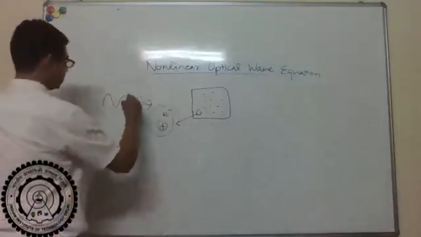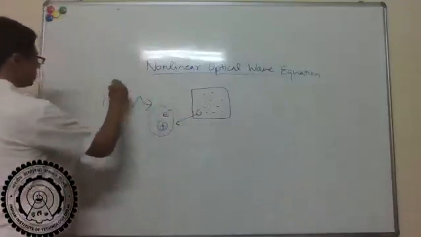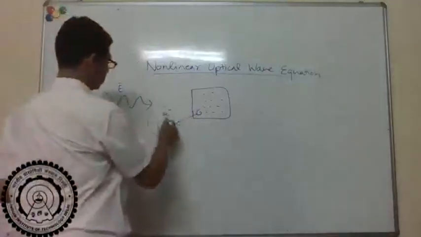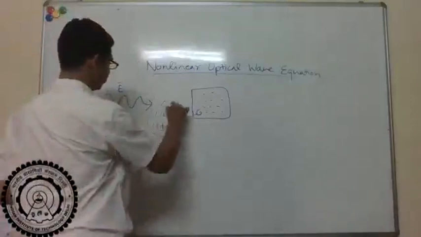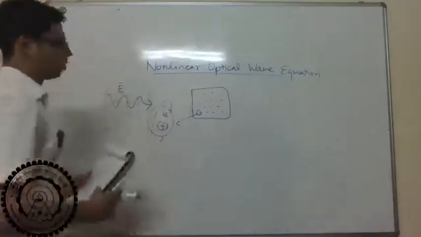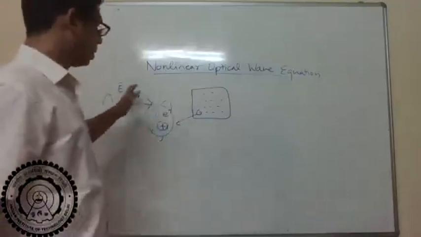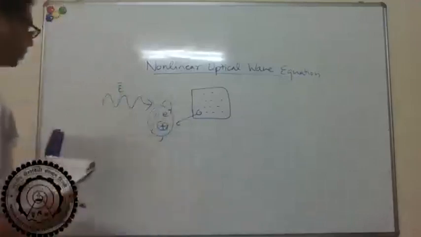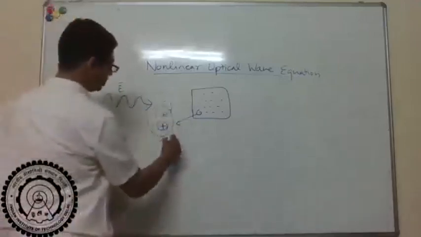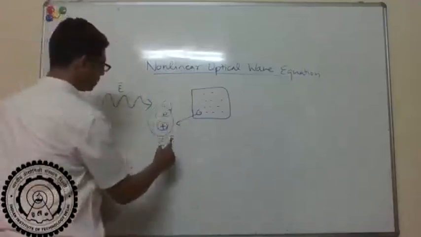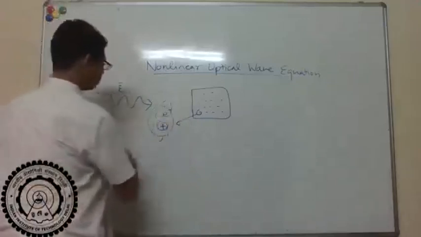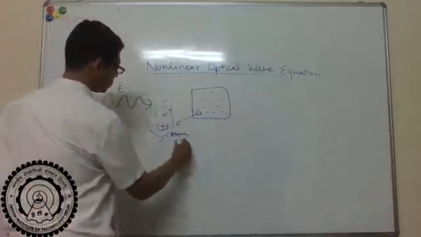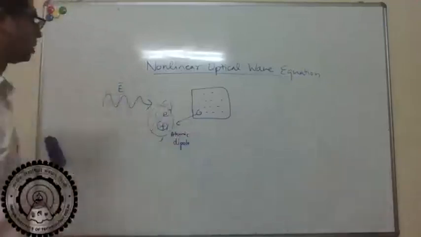And then we apply some external optical fields, which act on this atom and induce some dipole. That's what we analyzed with the classical anharmonic oscillator model, right? So it induces some atomic dipoles. This is small p here. Again, this is some atomic dipole, which could have a linear and nonlinear component, right?